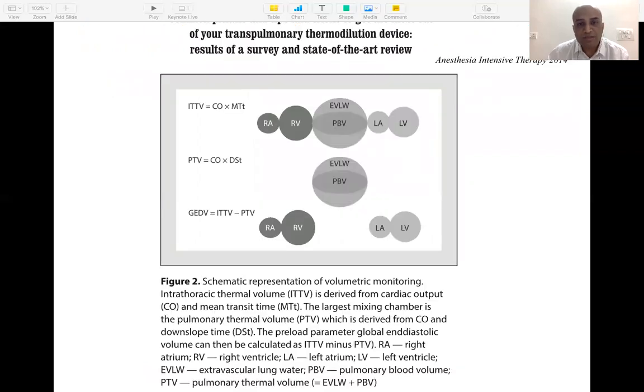So what are the things it can measure? It can measure the intrathoracic thermal volume and pulmonary thermal volume, and from these two values we can measure the global end diastolic volume, which includes the right atrial volume, right ventricular volume, left atrial volume, and left ventricular volume, one of the most important parameters of volume status of a patient.